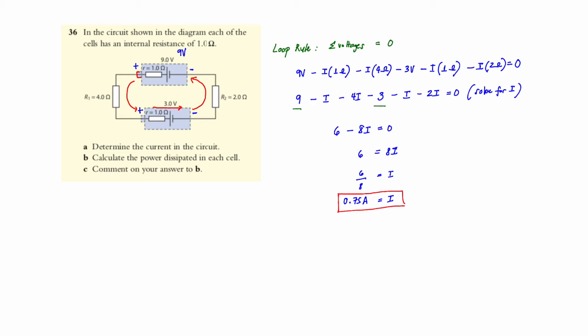Therefore, the current in the circuit is 0.75 amperes.